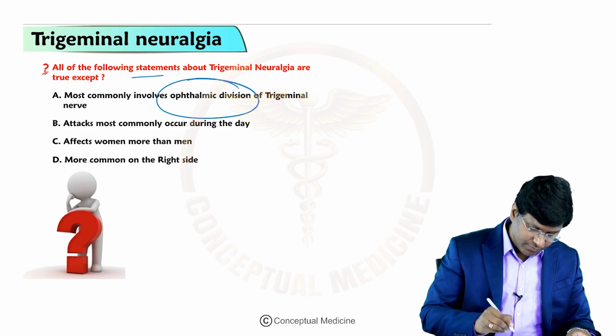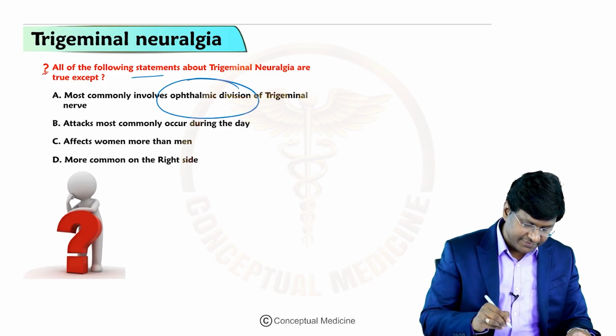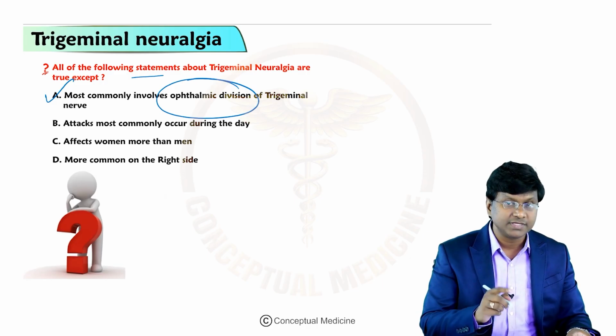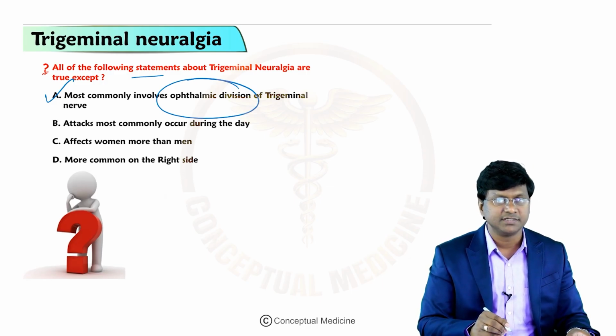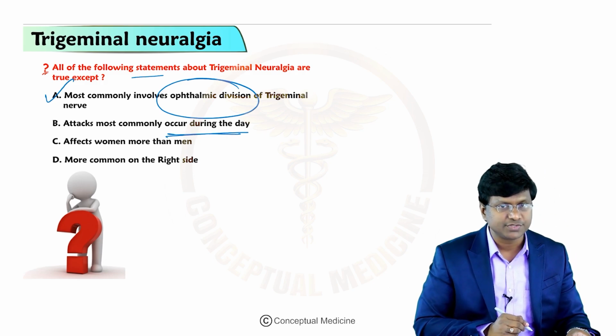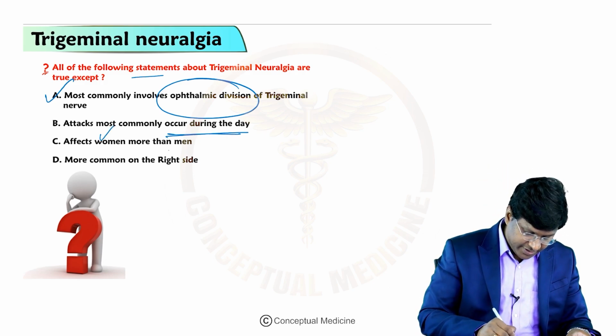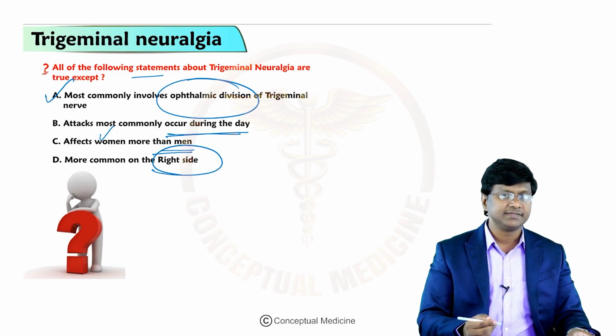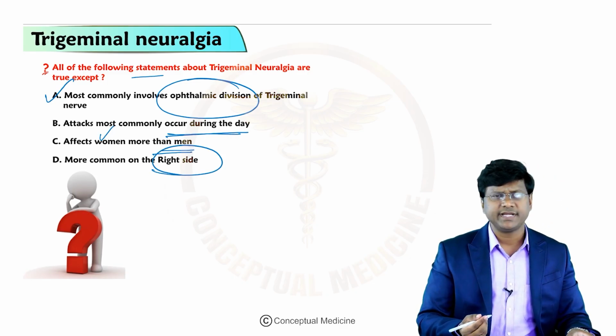Most commonly involves the ophthalmic division is incorrect. It most commonly involves the maxillary division of the trigeminal nerve root. Attacks most commonly occurring during the day is true, and it is more common in women rather than men, and more common on the right side rather than the left, and occasionally it can be bilateral as well.